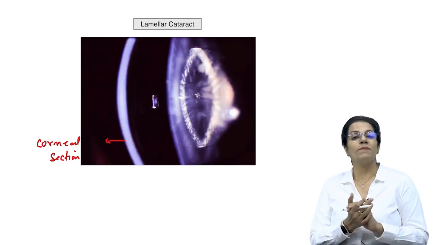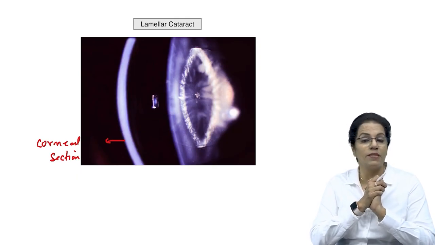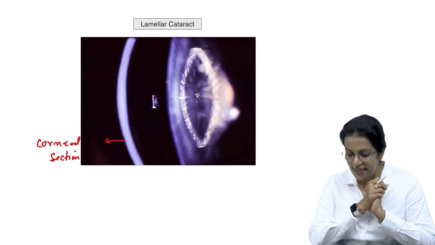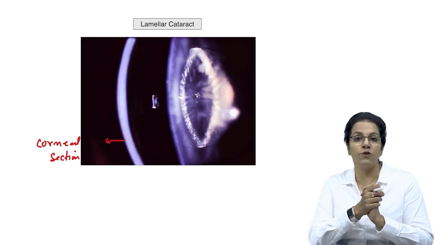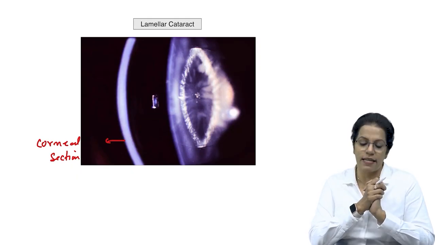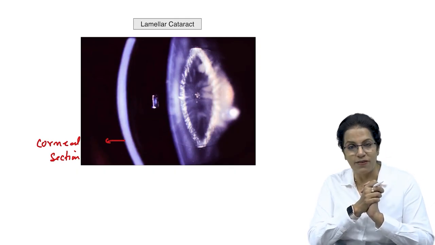So, what you have to keep in mind here is that it is mainly the fetal nucleus, please note it down, which is involved in lamellar cataract. You can also note down that in blue dot cataract or cataracta purulenta, both nucleus and cortex are involved.